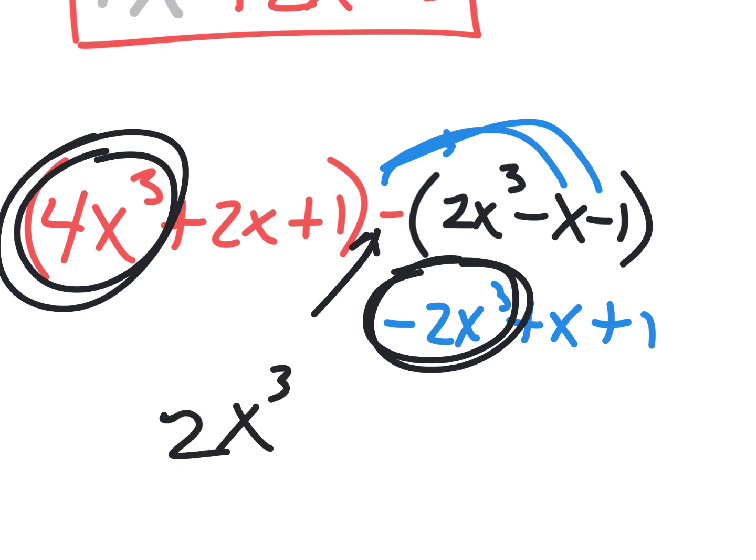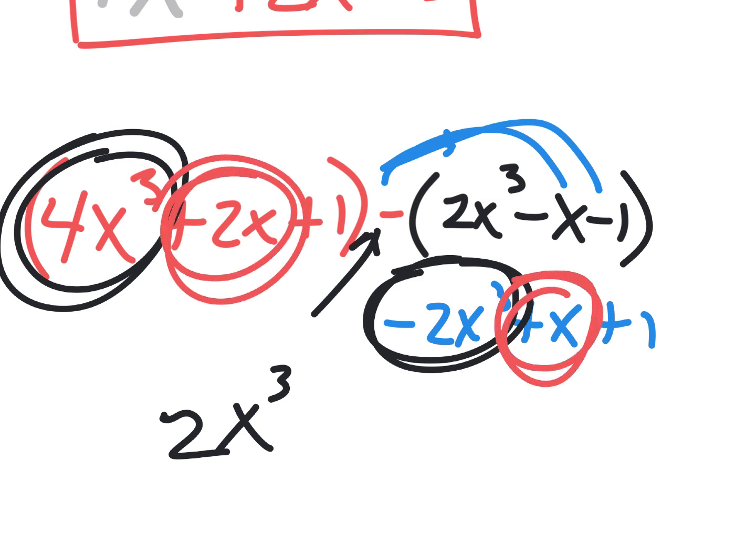Good. All right. And then Victoria, what did you get for the next one? This and this. What do you get? 2x, and it's a plus x. Why is it plus, though? You said minus, because there's 2 minuses. You got how there's 2 minuses?